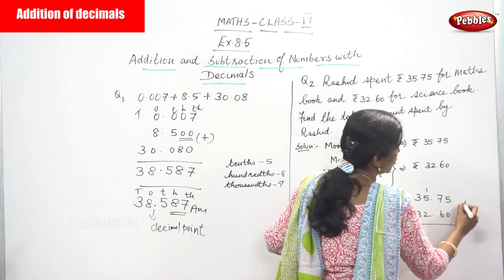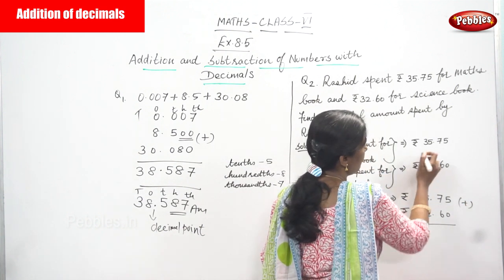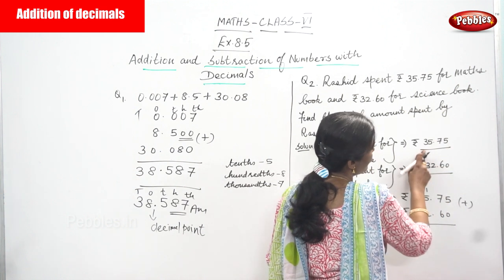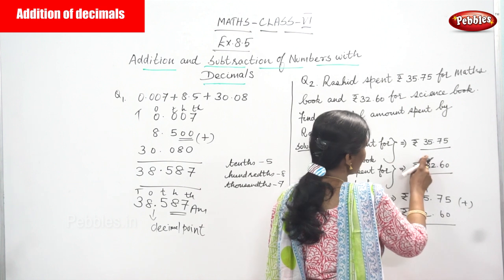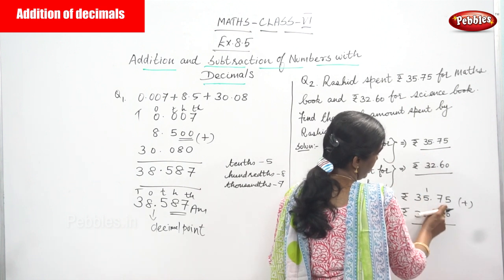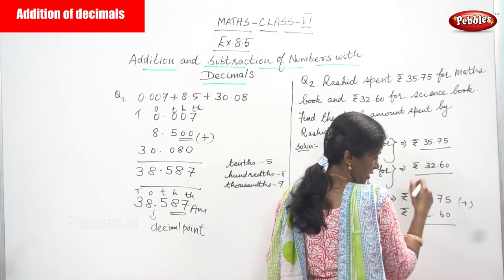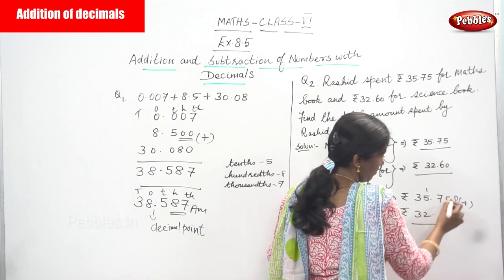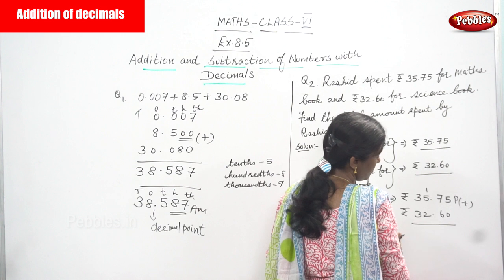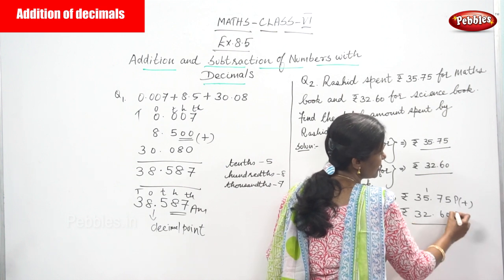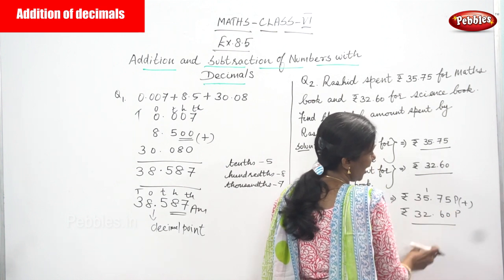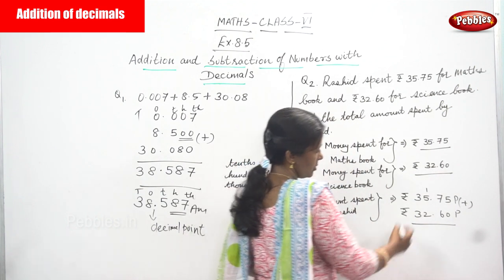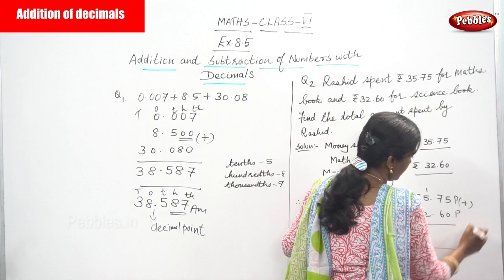You have to add the two rupee amounts. The first amount is the maths book value, rupees 35.75. And the cost of the science book is rupees 32.60. Now we are going to add them together, then you get the total amount spent by Rashid.